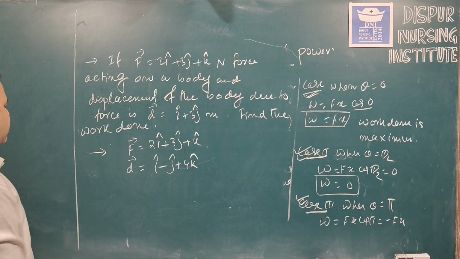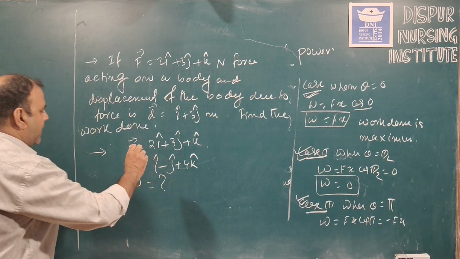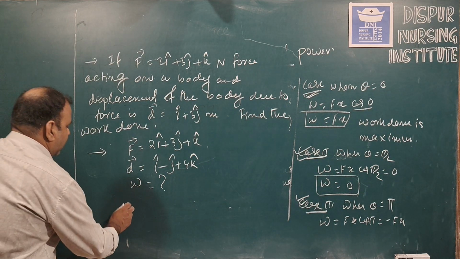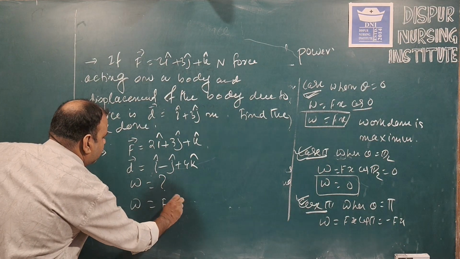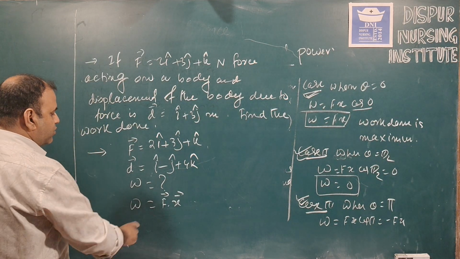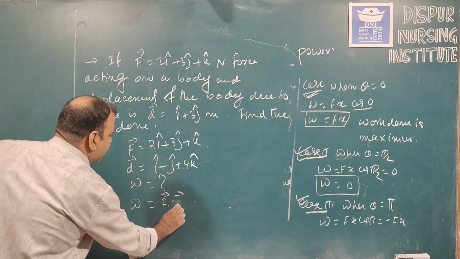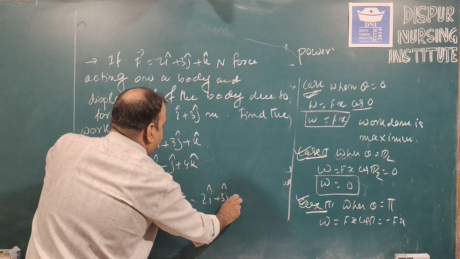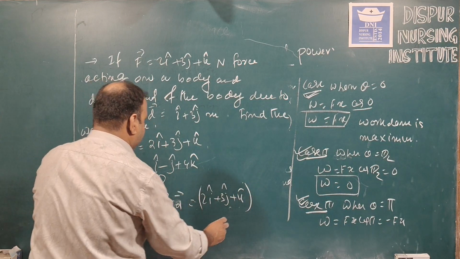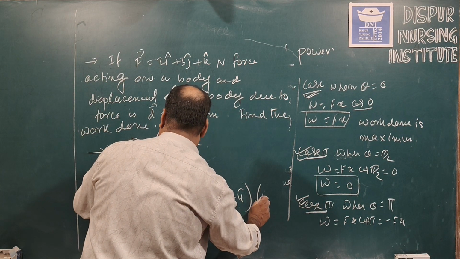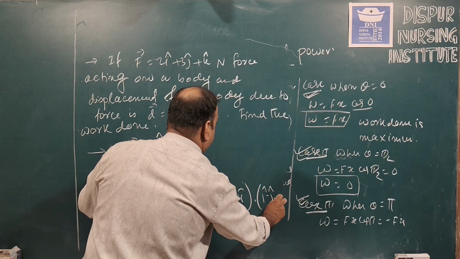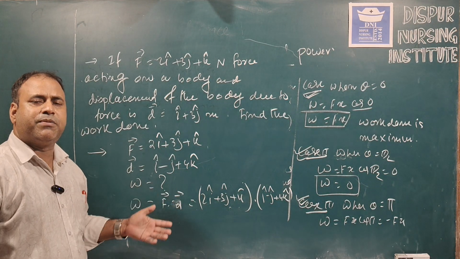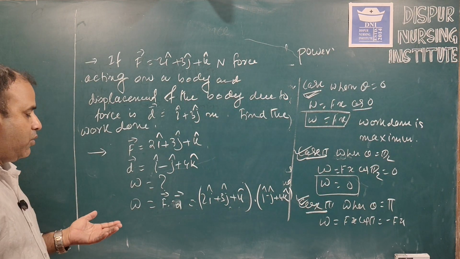We have to calculate the value of W. So W is equal to force into displacement; instead of X we can use D. Directly we can write 2 I cap plus 3 J cap plus K cap dotted with I cap minus J cap plus 4 K cap. I already discussed in the previous class how to solve the dot product.